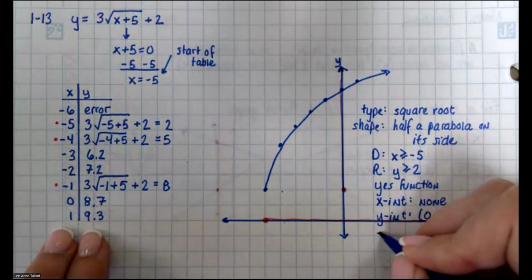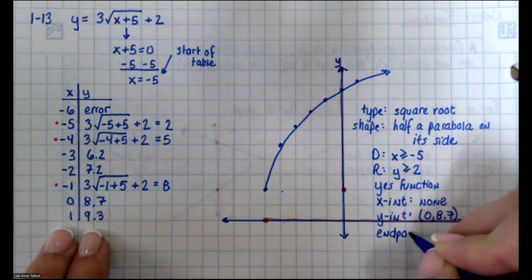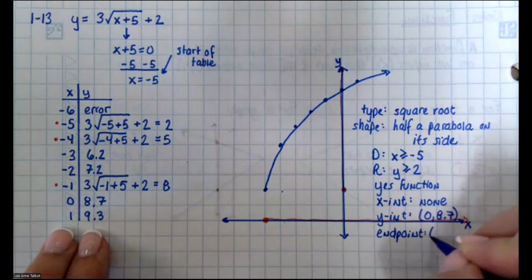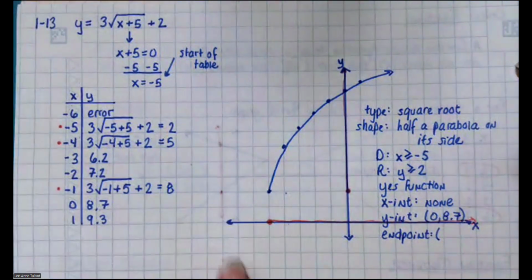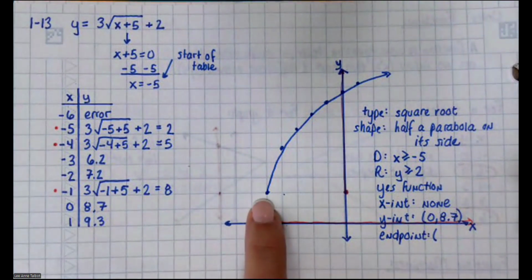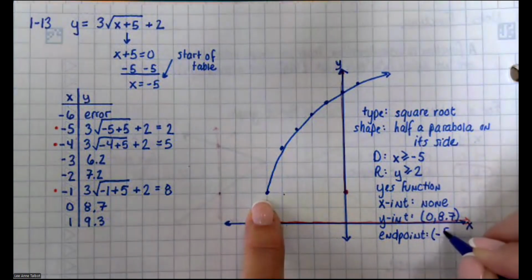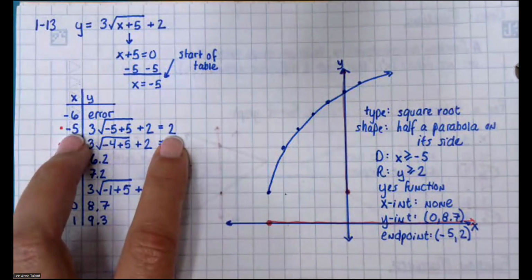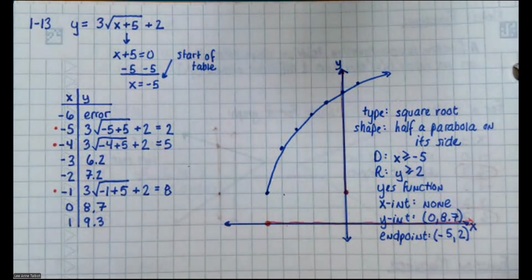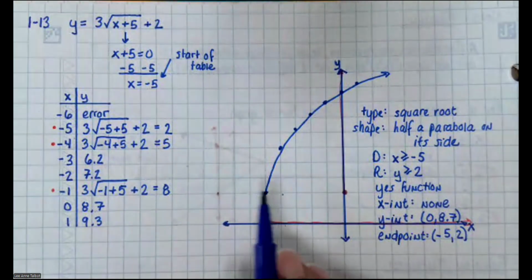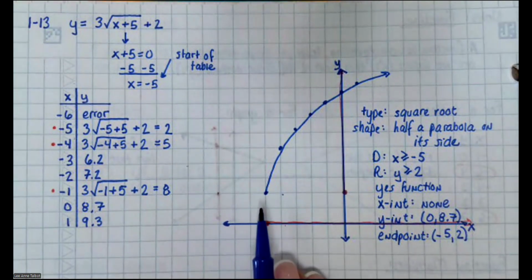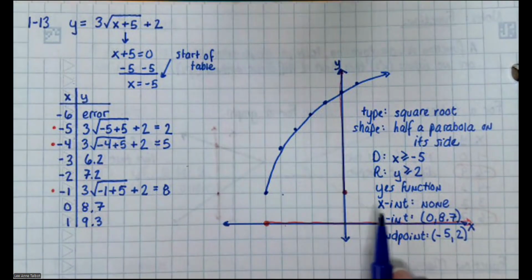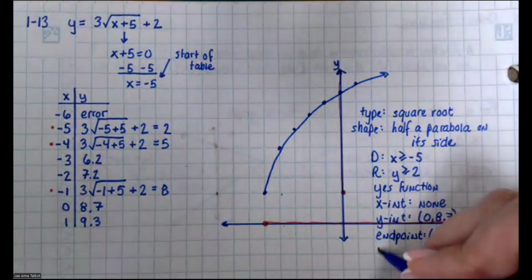Okay, what is the endpoint of this graph? Yep, that's where our graph starts, (-5, 2), and where our table starts. And then the last thing I'm going to ask you is, is this function increasing or decreasing as I move to the right? Increasing.